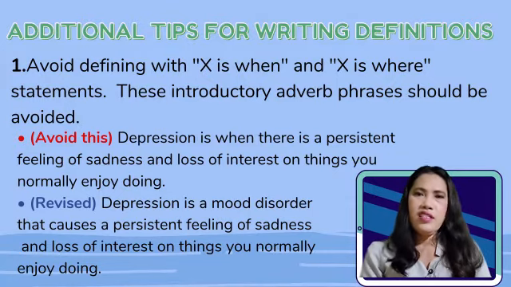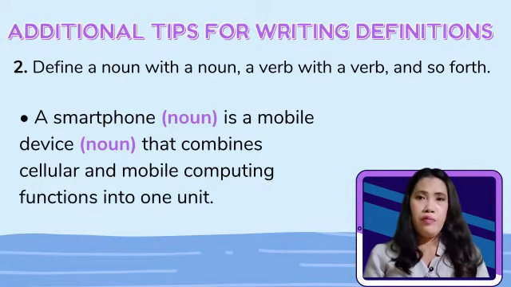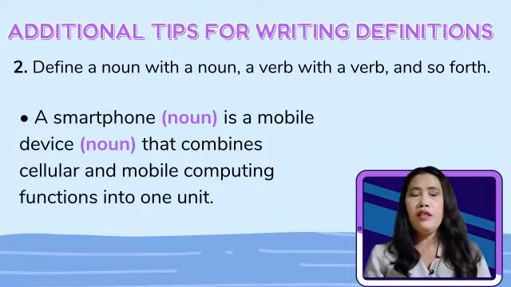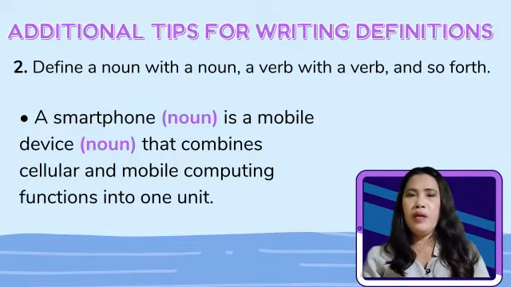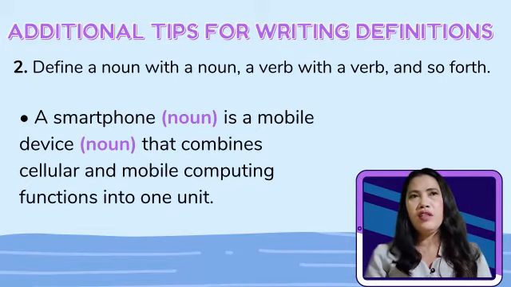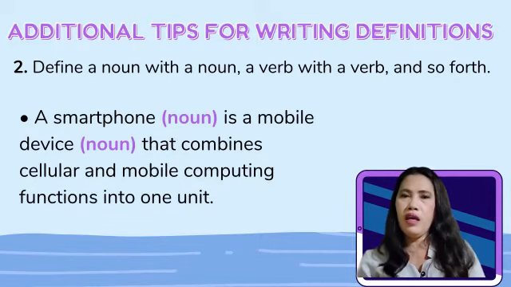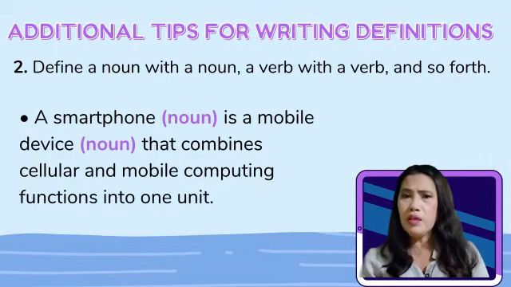Next, another tip is to define a noun with a noun, a verb with a verb, and so forth. A certain word could have a definition under a noun, or it could also be a verb, so we must be knowledgeable about it.